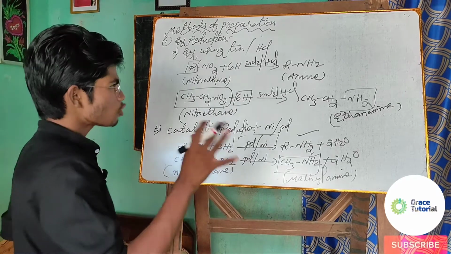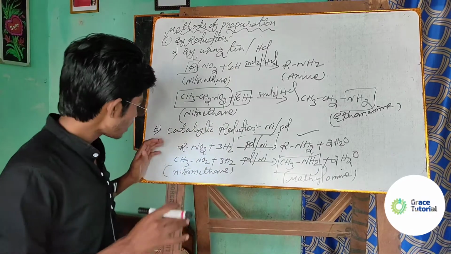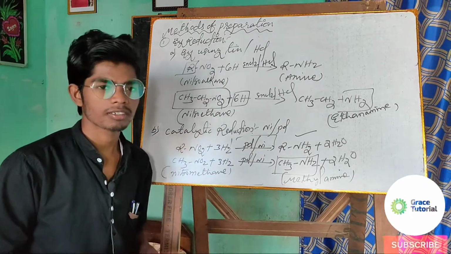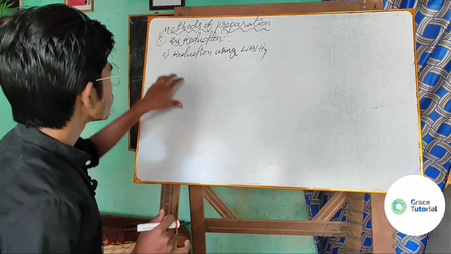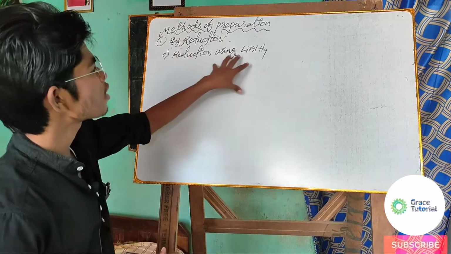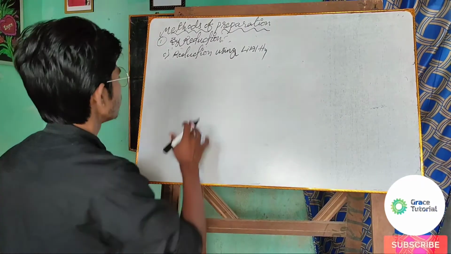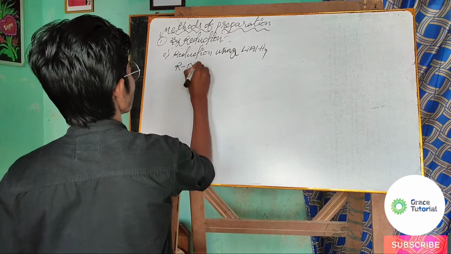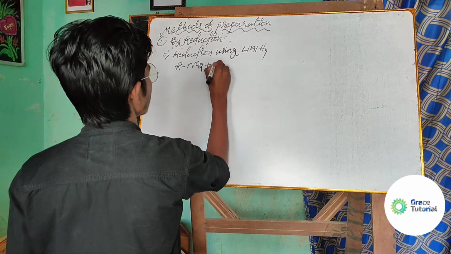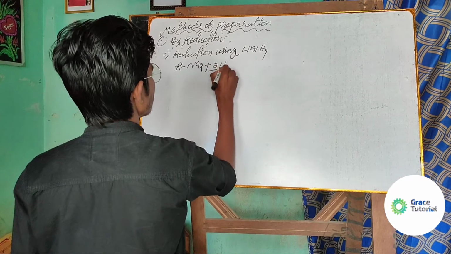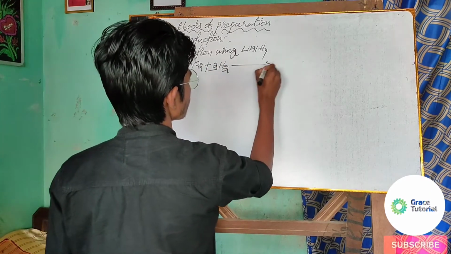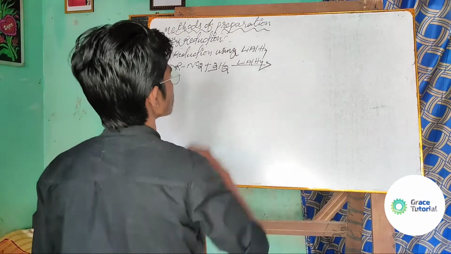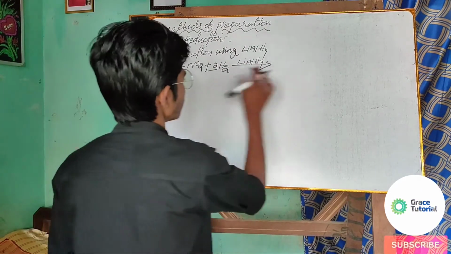Well, let me tell you one more reduction, that is the reduction using lithium aluminum hydride. Suppose I have RNO2, that is nitroalkane. When this nitroalkane gets reduced, but here the reducing agent is something different, that is lithium aluminum hydride, then what happens here?